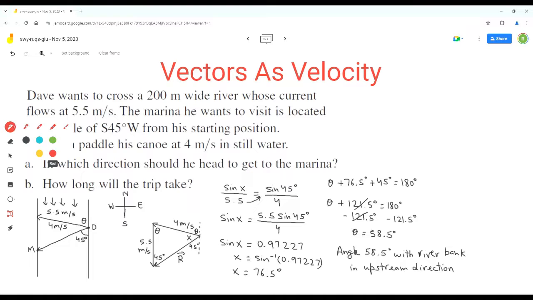Now we can analyze part B. In part B, we have to find how long the trip will take. Now, Dave has to travel across the river, and that's a distance of 200 meters.